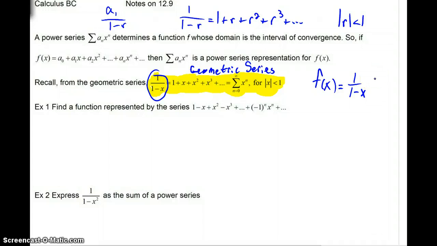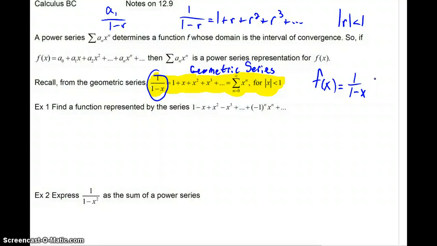In other words, that function, which you have graphed in the past, you've probably tried to find vertical asymptotes for, find domain, range, and all that good stuff, we could say, do you know what, this function could be written as an infinite series when x is less than 1 in absolute value. So that's what we're going to be doing today.